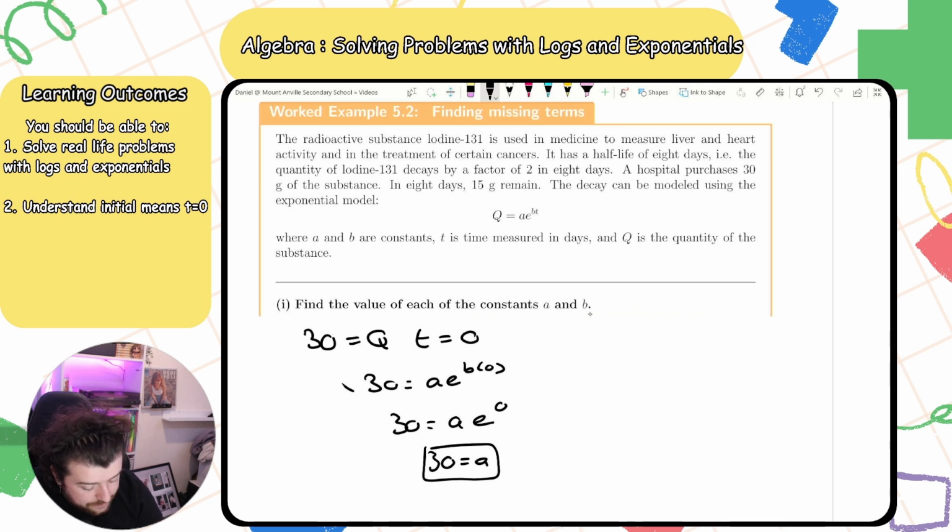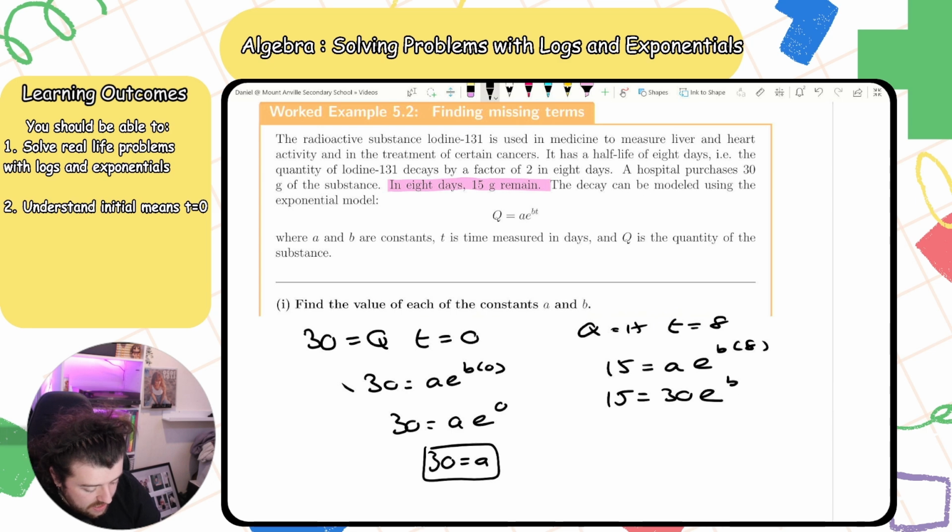Second one here. I know Q. In 8 days, Q is going to equal 15. So Q equals 15, t is going to equal 8. So 15 equals A e to the b times 8. I know what A is. A is 30. So 15 equals 30 e to the 8b. Divide both sides by 30.